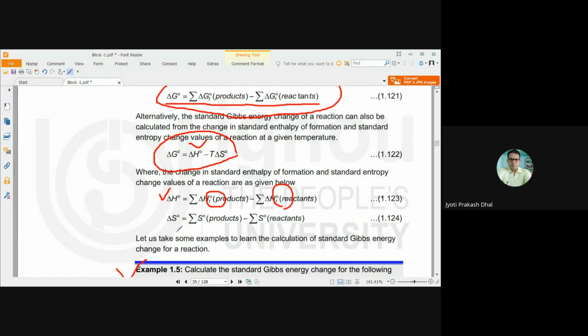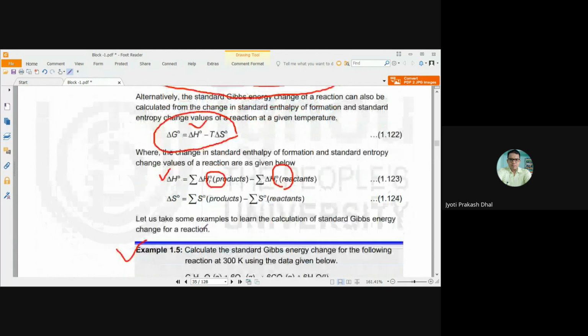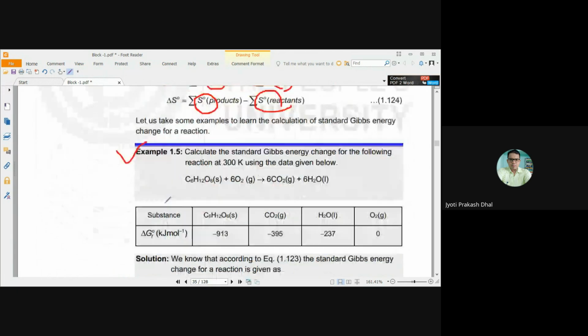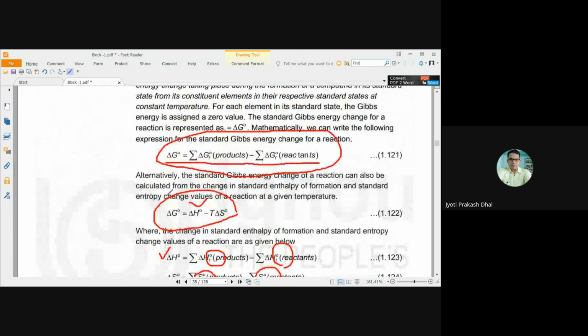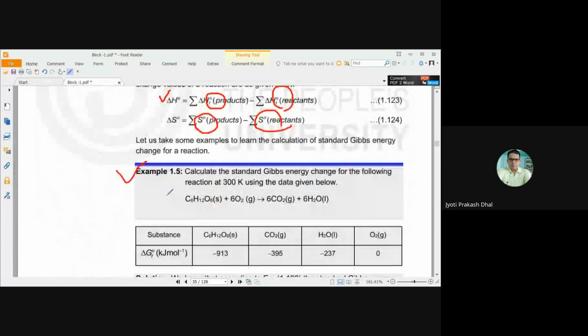And similarly, del S naught equals the summation of standard entropy of the products minus the summation of standard entropy of the reactants. So using these two or three formulae, we can solve numerical questions.